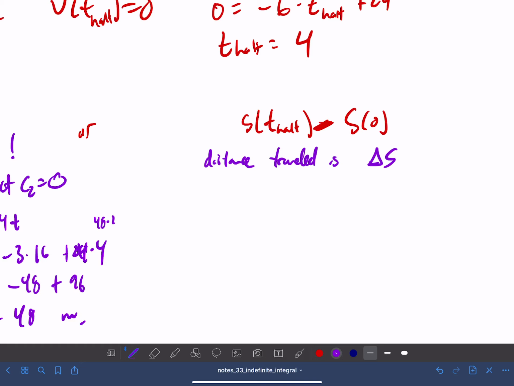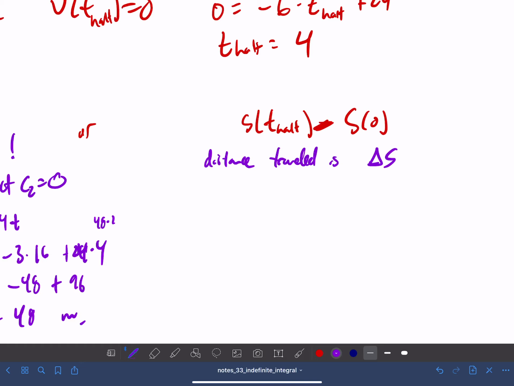Like, how far did you travel if you drove from Eau Claire to Minneapolis? Well, like 90 miles or something like that. And it doesn't matter, it's a delta, you know? We're not asking for what the position is at this time necessarily. We're asking for what's the change in position.